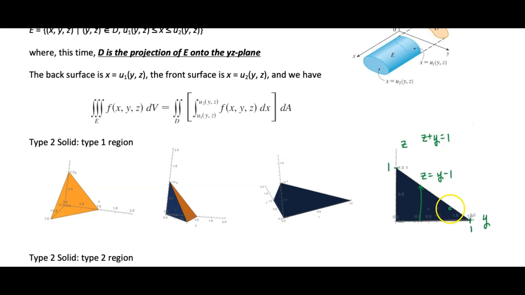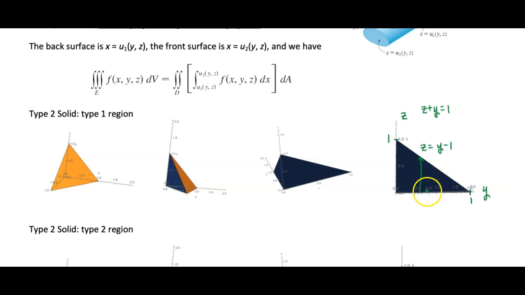So we can write z as y minus 1. So this means that our bounds, in terms of z, well, z is going from 0 to y minus 1, and y is just going to be my constants from 0 to 1.